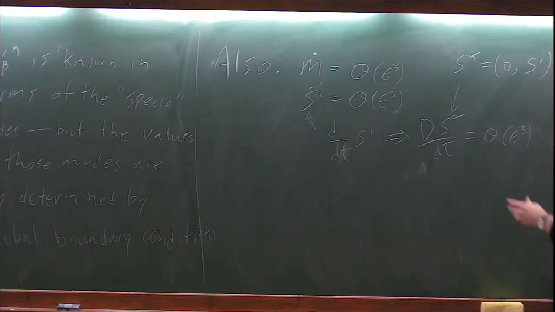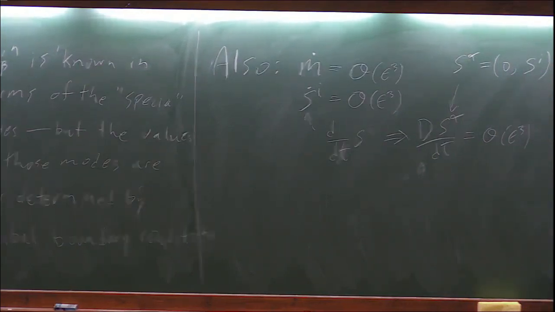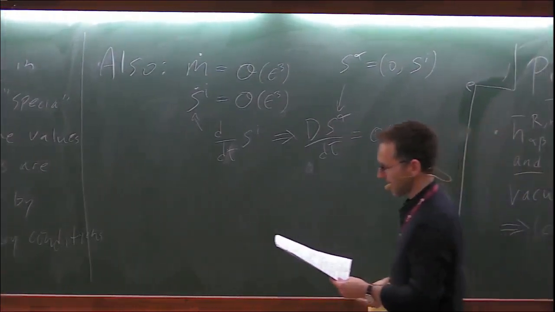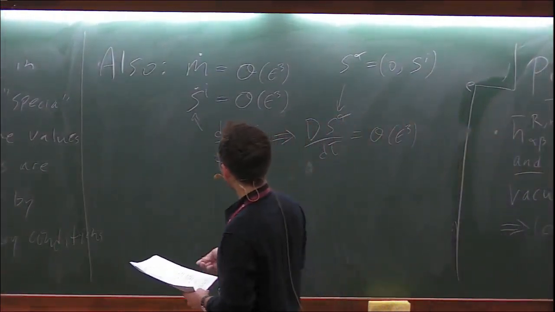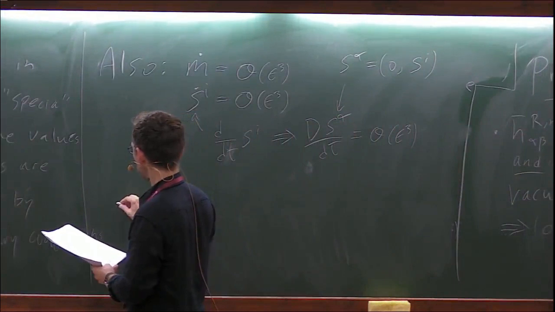So what this means is that the spin is parallel propagated along the world line at this order. Then finally, we get an equation of motion for the center of mass.